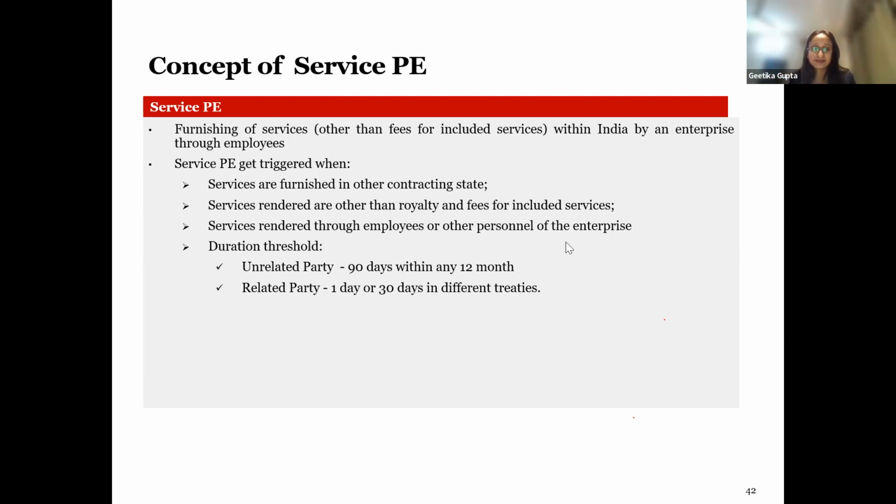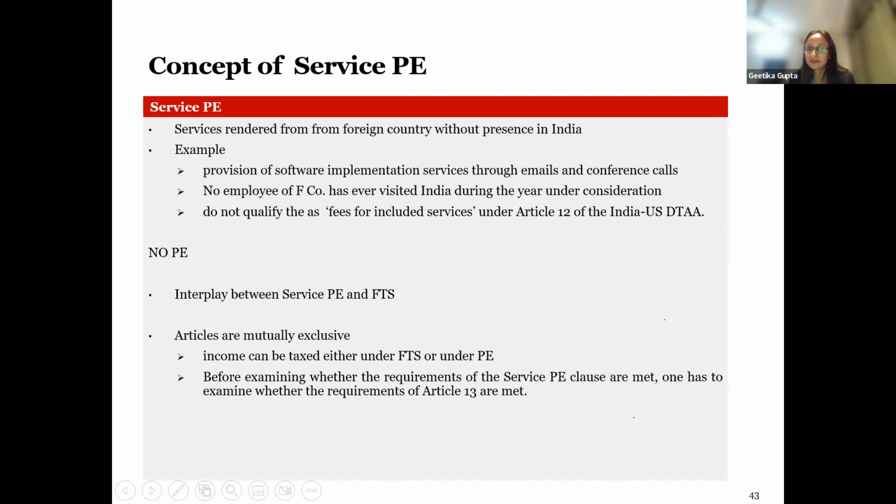Next slide. Services rendered from a foreign entity without presence in India. We discussed this example. There is a provision of software implementation services through emails and conference calls. No employee of the foreign company has ever visited India during the year under consideration.